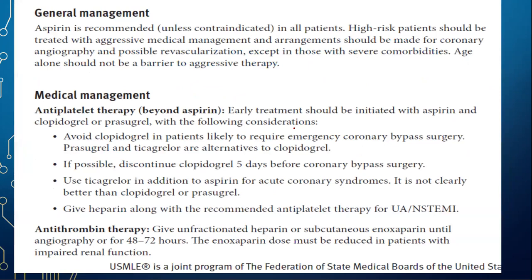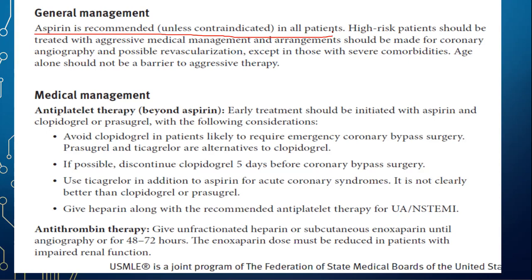All right. Now, what is the general management for these patients? General management for any patient having stable or unstable angina is you give aspirin to all these patients unless contraindicated.